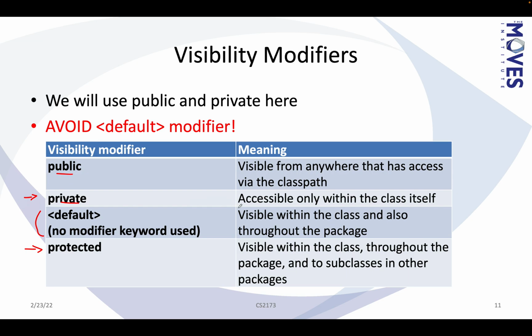The default one is within the class, but also throughout the package, so it's called package access. Not the best idea. And the main reason we want to use protected is because protected actually gives direct access to the subclasses. What's a subclass? Just put a pin in that. We'll get to that. We won't be using protected this quarter.